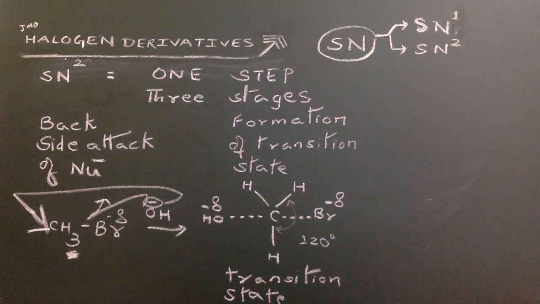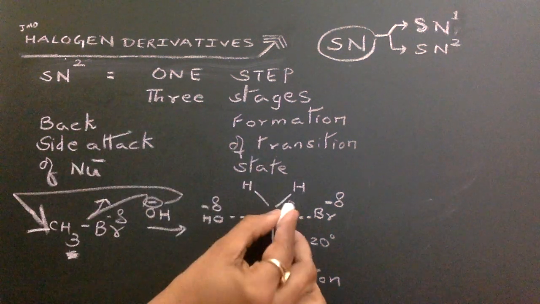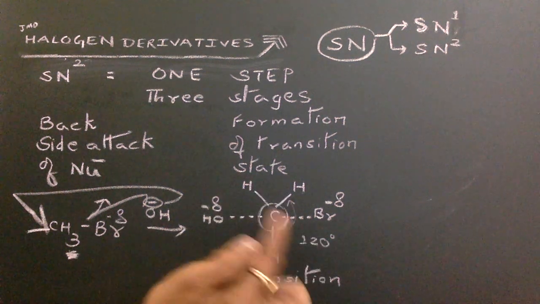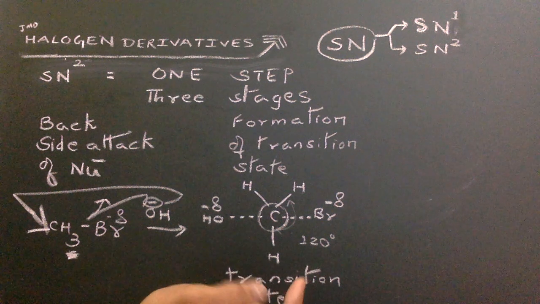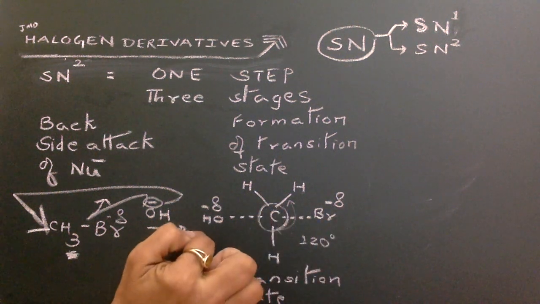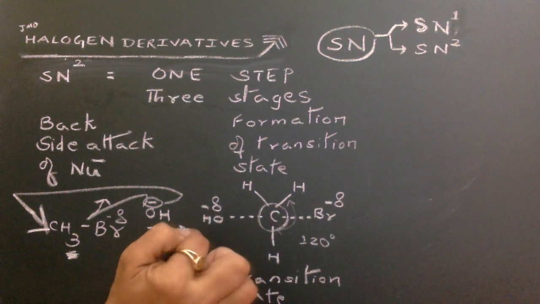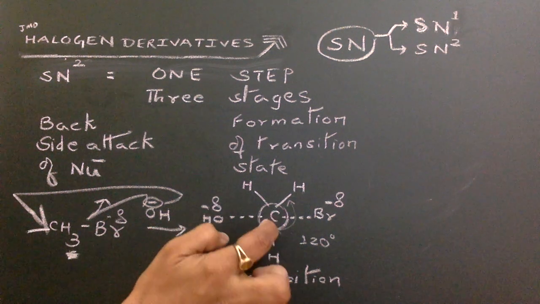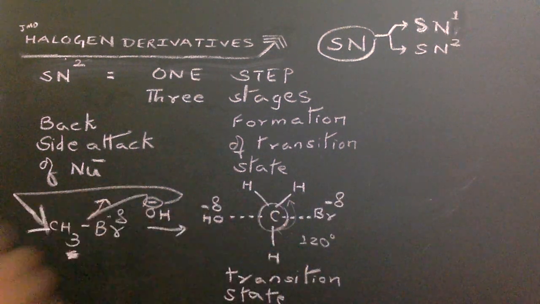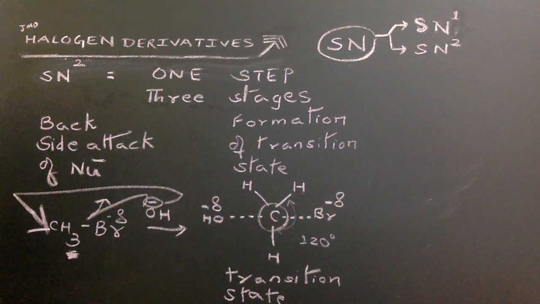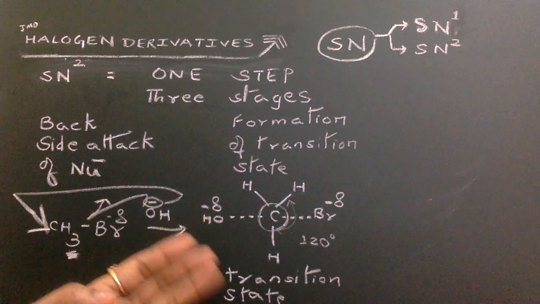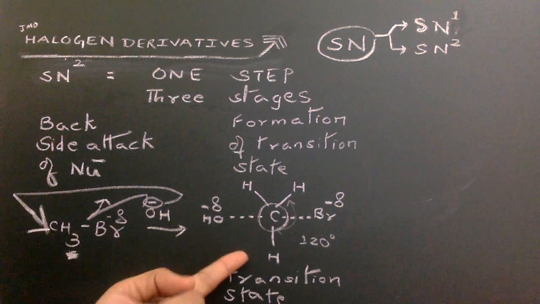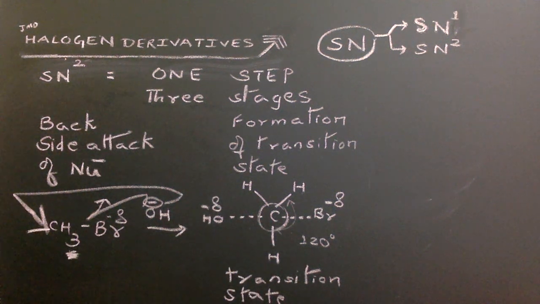And in this complex, this carbon has equal attraction for OH and Br. So there is partial negative charge on OH and Br in this transition state where carbon is pentavalent. Since carbon is pentavalent in this transition state, this has to be highly unstable.